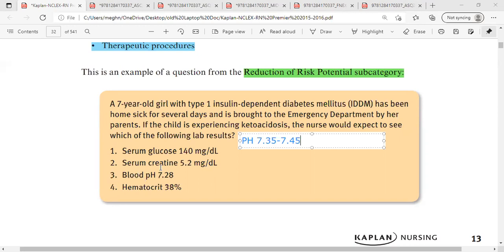So you can say this pH supposed to be 7.28, because my patient has DKA.